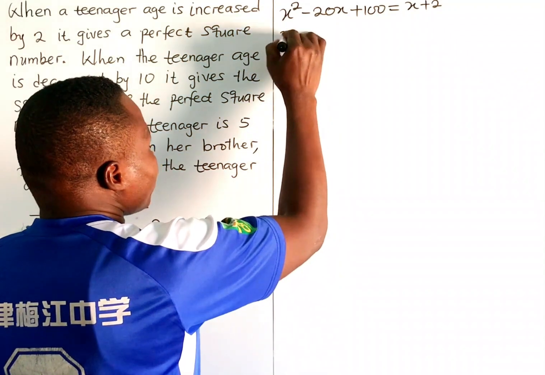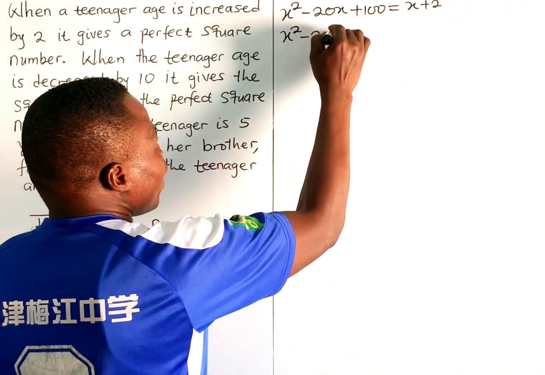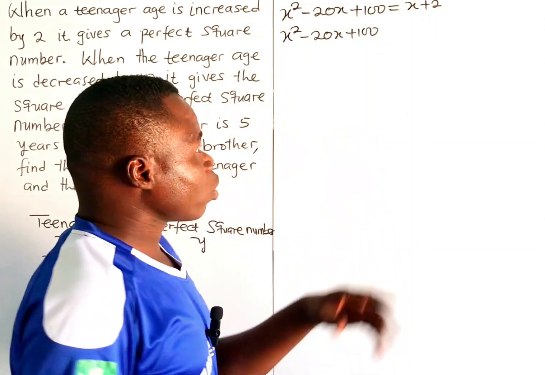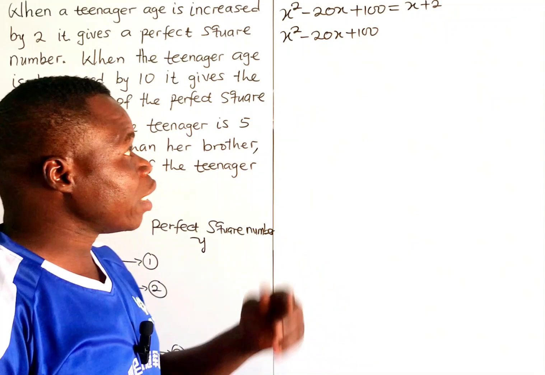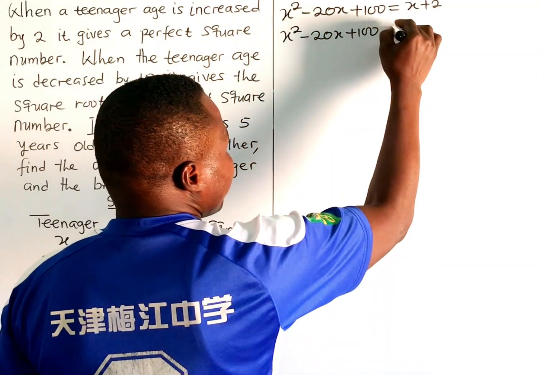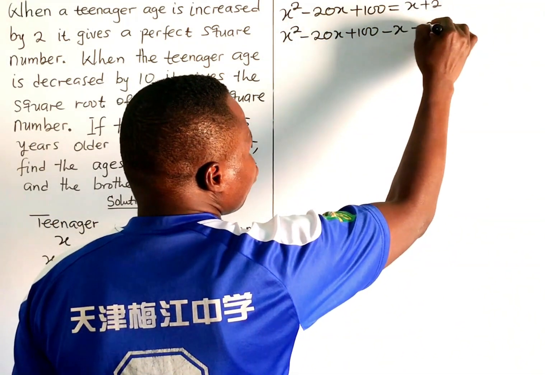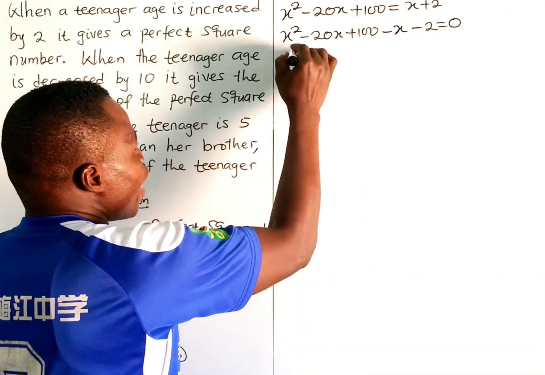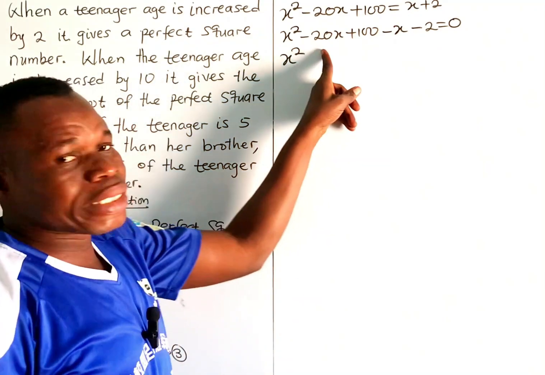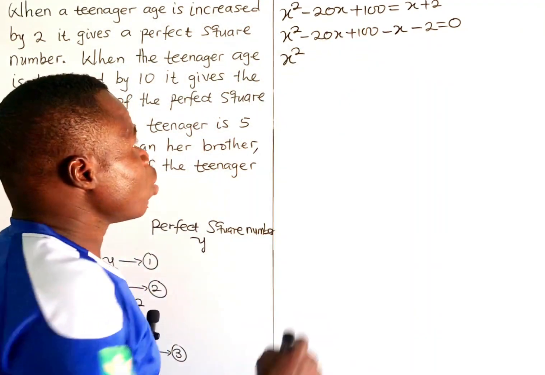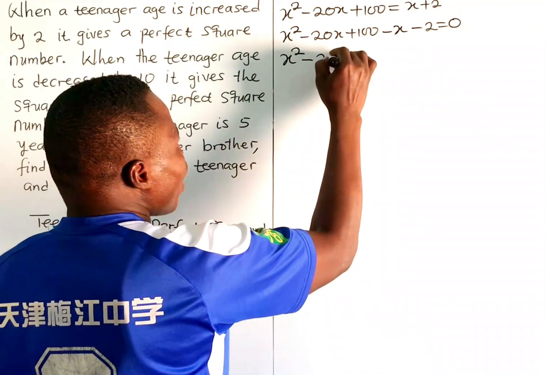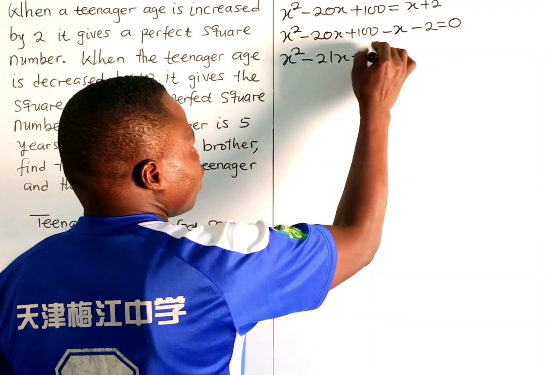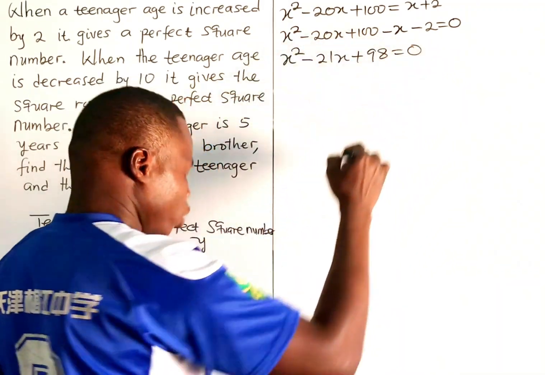And this will now be x squared minus 20x plus 100. If positive x is coming to the left-hand side, since we are sending it across the equal sign, it will be negative x. 2 will be negative 2, which is equal to 0. I can now have x squared, minus 20x minus x will give me minus 21x, and 100 minus 2 is 98, which is equal to 0.